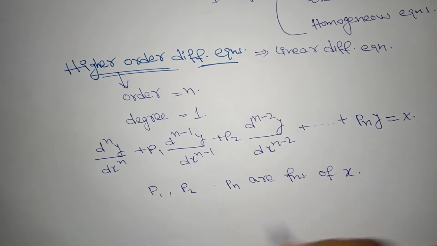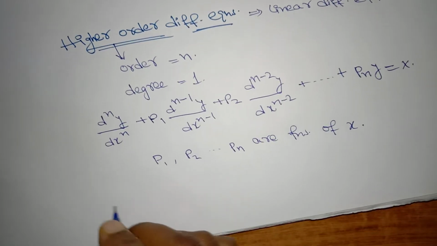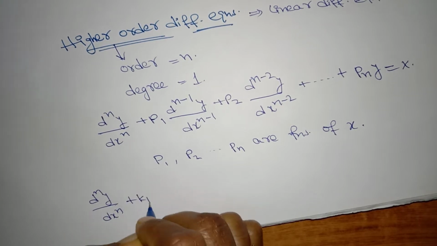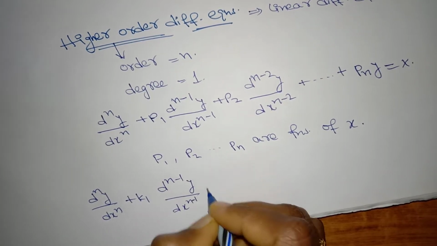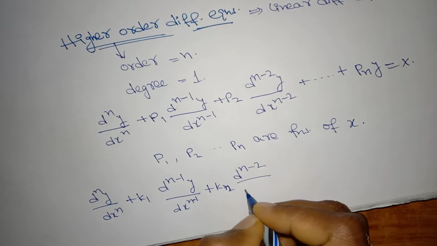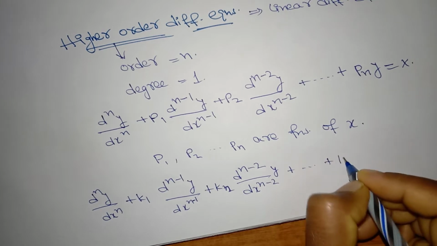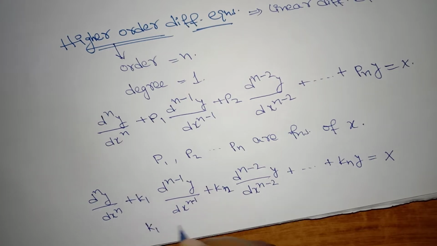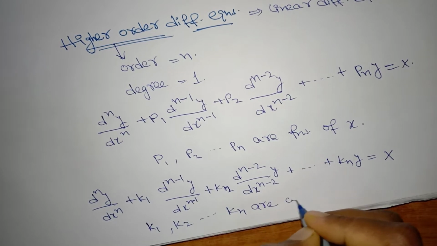The standard form of a linear differential equation with constant coefficients is d^n y by dx^n plus k1 into d^(n-1) y by dx^(n-1) plus k2 into d^(n-2) y by dx^(n-2) plus and so on plus kn y equals X. Here k1, k2, and so on up to kn are constants.